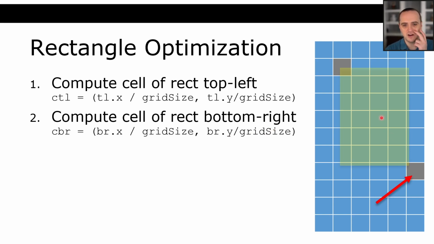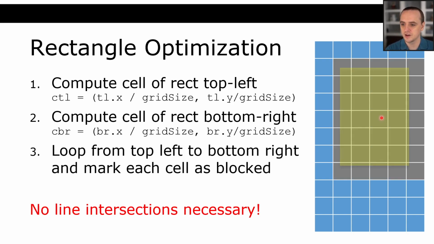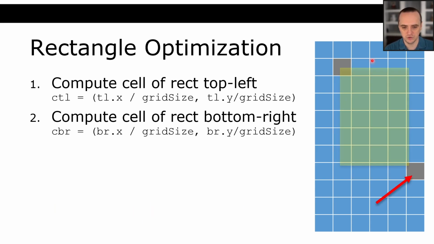And then you might say, okay, well now we're going to have to do a bunch of line intersections. No, you don't have to. No line intersections are necessary because all we have to do is do a for loop from this grid cell all the way over here to the x-coordinate of this grid cell, and then we can fill out all of these grid cells and mark them as blocked.